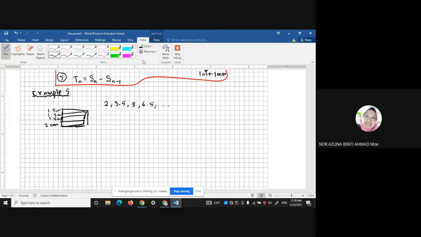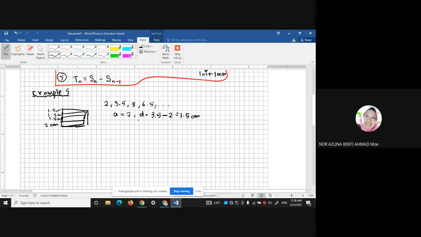So kita tahu A kita adalah 2, D kita adalah second term minus first term, 3.5 minus 2, 1.5. Sebenarnya kalau kita tak kira pun kita dah tahu, sebab dia dah bagi tahu setiap satu ni dia naik 1.5. So D dia adalah 1.5 cm.